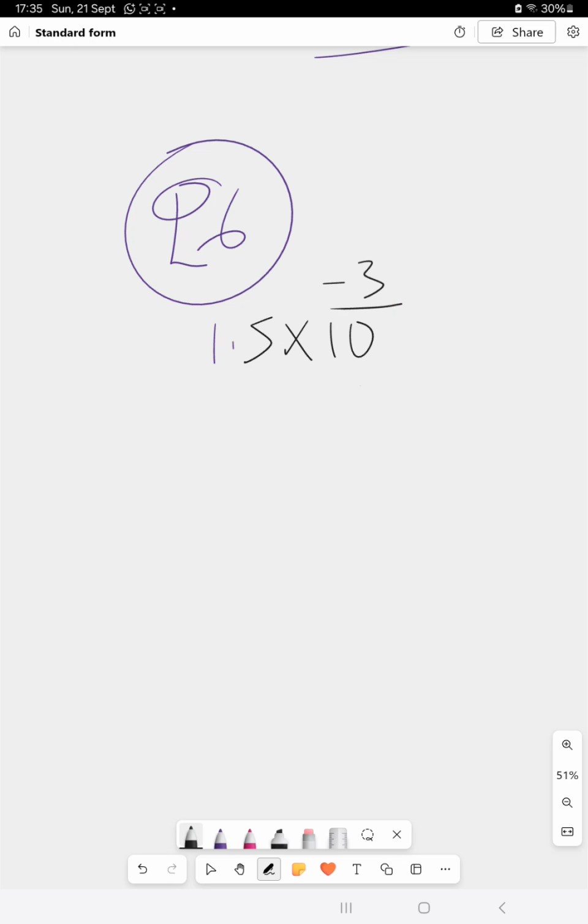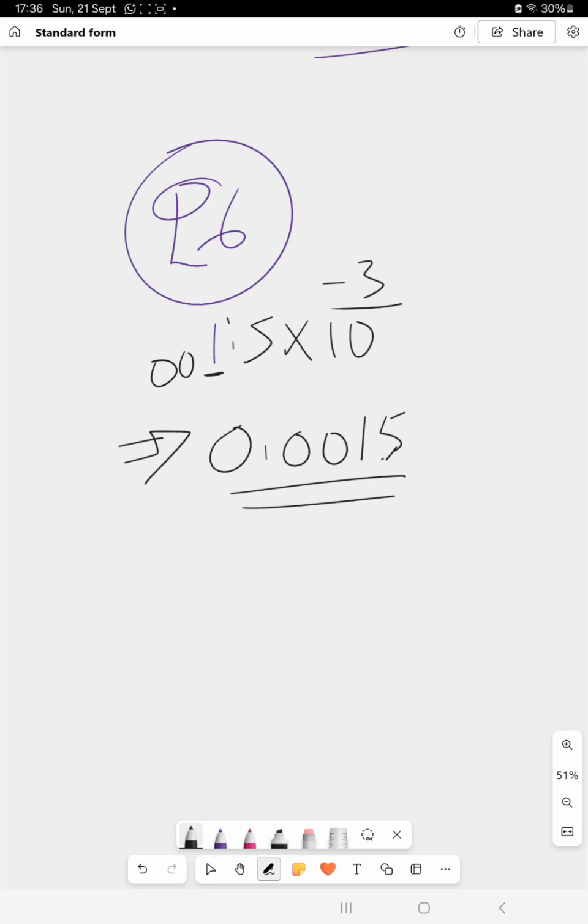That means the decimal, we are bringing it to this other side. So I start with this one here. This is the first one. So I count 1, 2, 3. And therefore I'll have 0.0015.